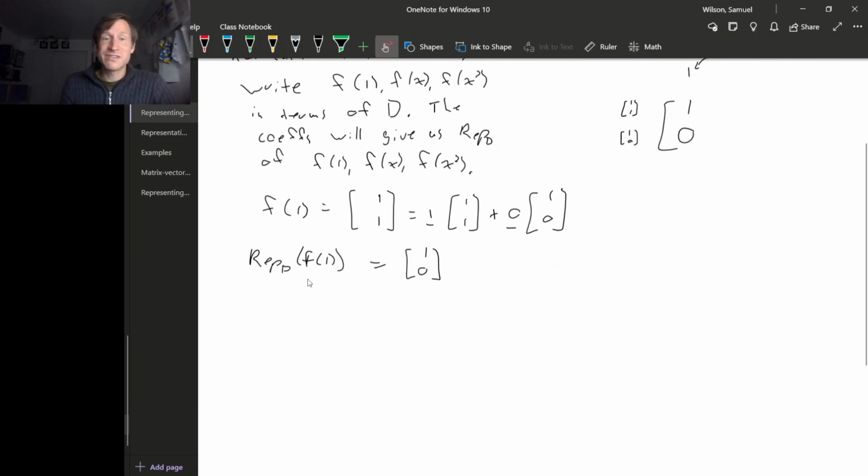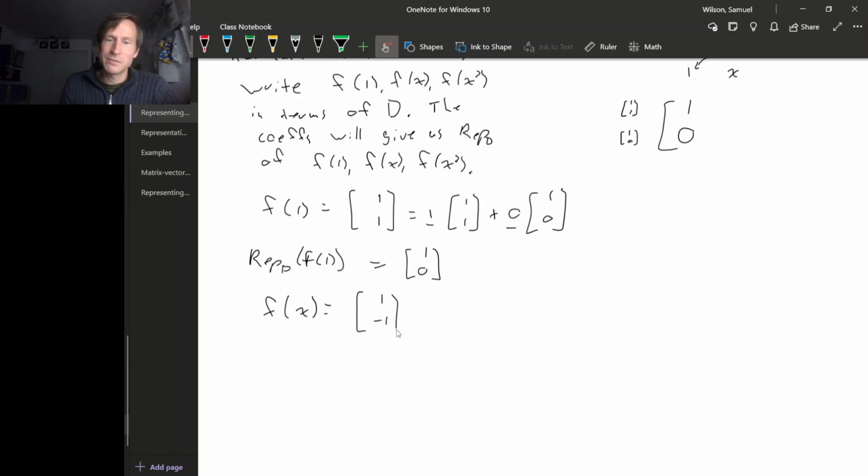Okay, well now we can do the same thing for f of x, our next basis element. So we're figuring out for the basis element x, when you hit it with f and then do rep D, what are the coefficients that you need to write f of x in terms of these basis vectors. Okay, so what is f of x? Remember, f is the function that plugs 1 into this polynomial, so that gives you 1, and then plugs -1 into this polynomial.